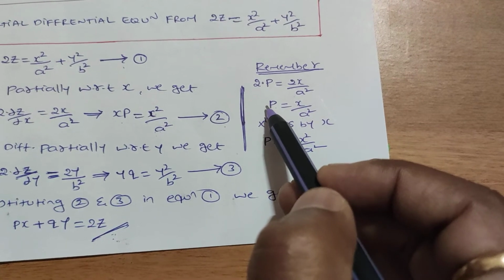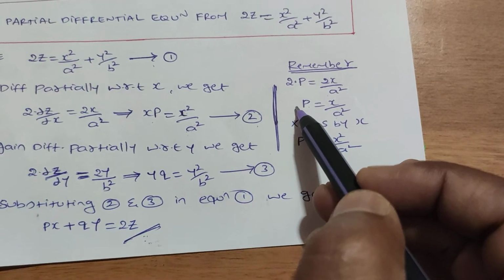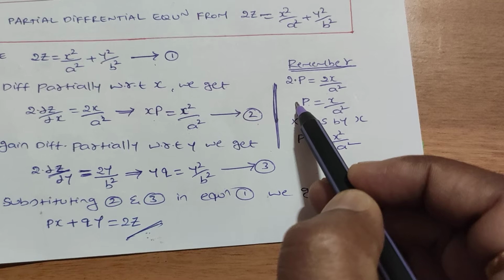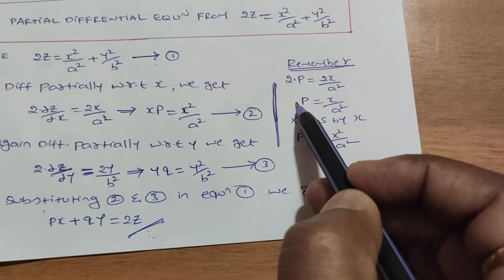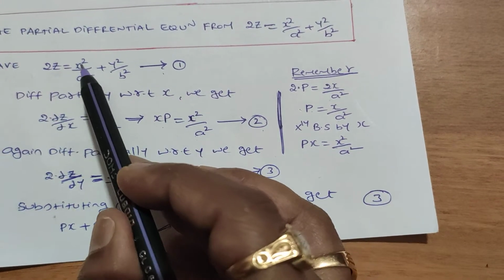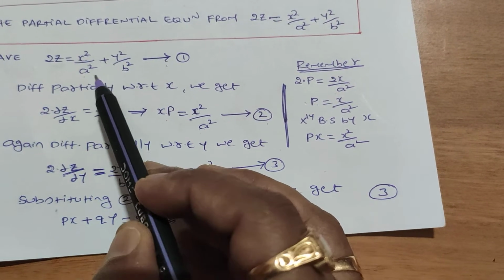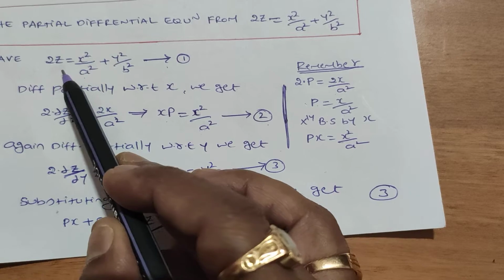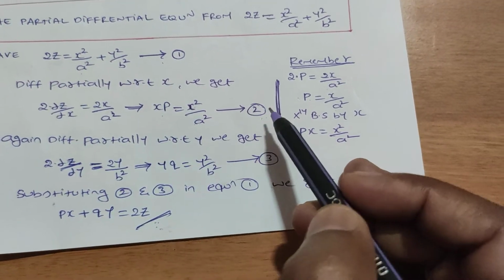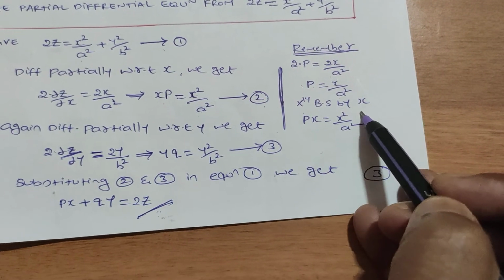Multiply both sides by x. The reason for multiplying by x is that we want to determine the value of x²/a², so that we can eliminate x²/a² from the given equation. For that we multiply both sides by x.